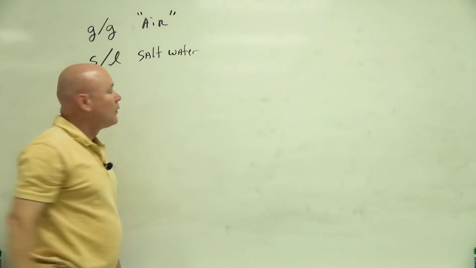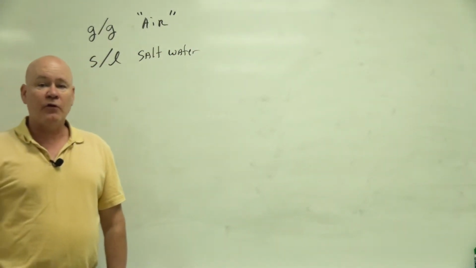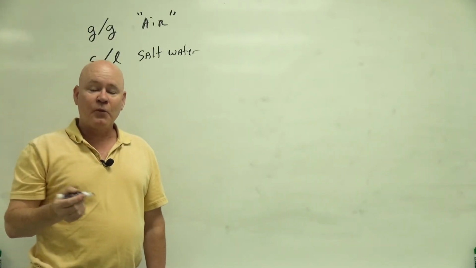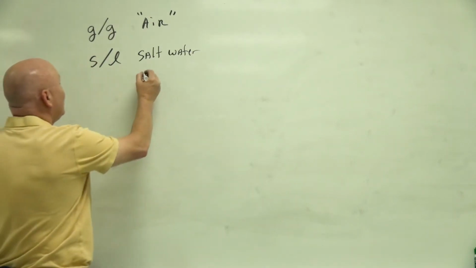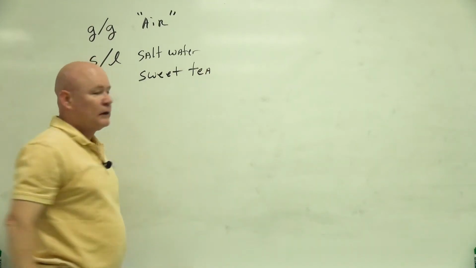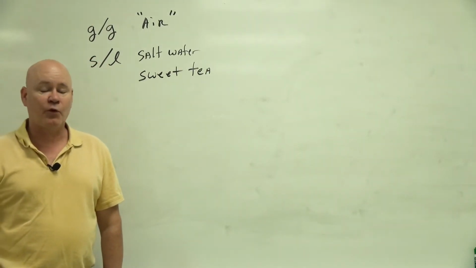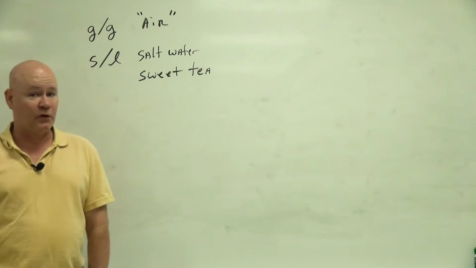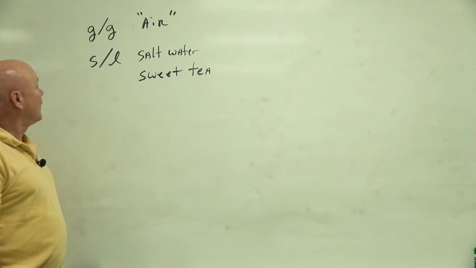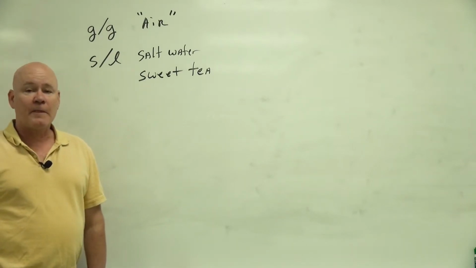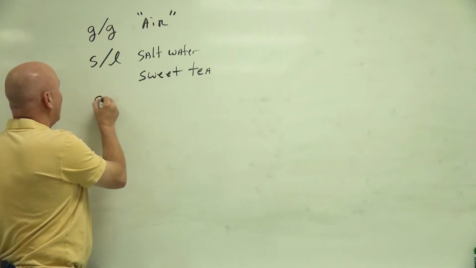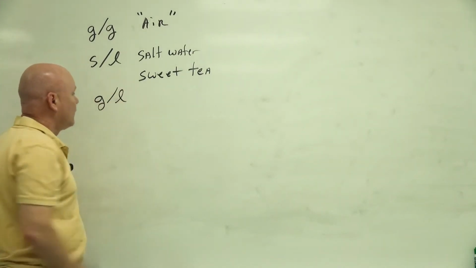Another example of a solid in a liquid solution is sweet tea. Sweet tea is a little bit of water with a lot of sugar. So sweet tea is a solid-liquid solution. Sweet tea is a good example for a lot of things that we're going to talk about with solutions. Now we can have another kind of liquid solution with water or any sort of substance, and you can have gas-liquid.